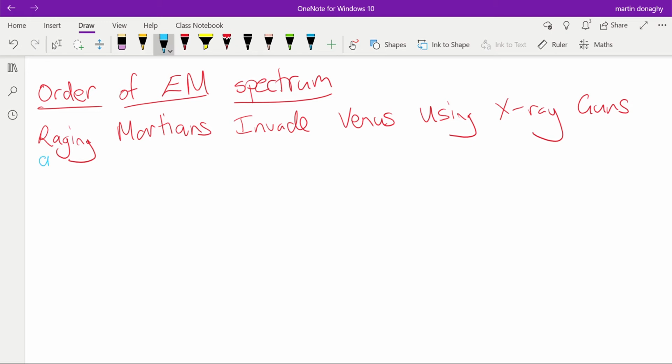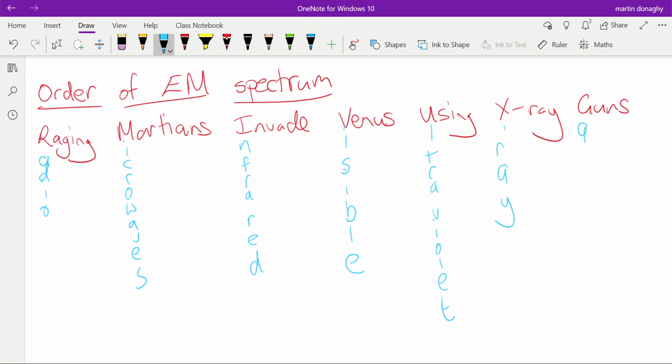So that gives us radio waves at this side, microwaves here, infrared, visible, ultraviolet, X-ray, well, is X-ray, and G is for gamma. That's our 7 portions.